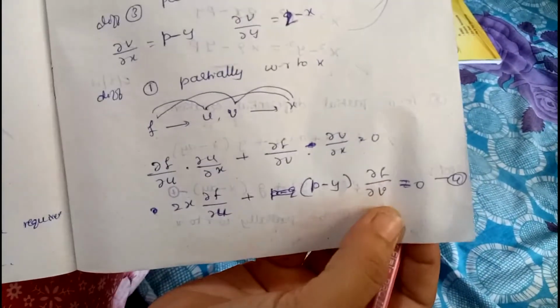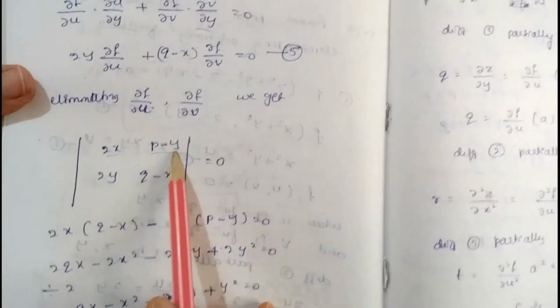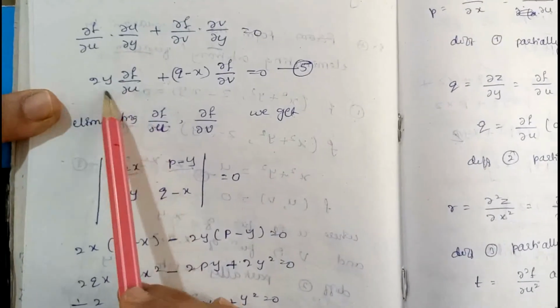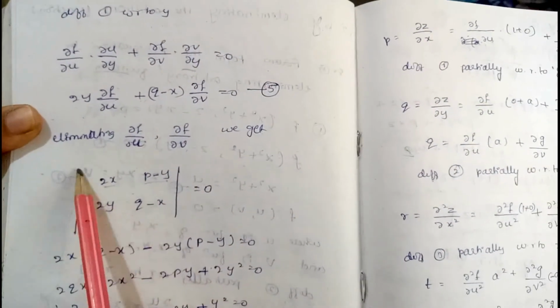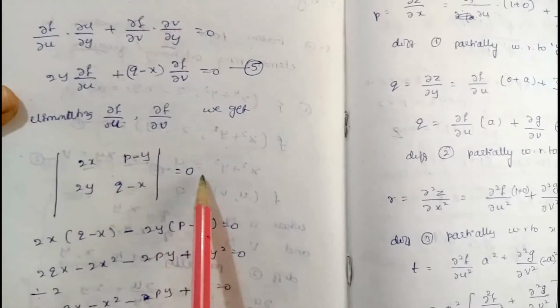Therefore first write down 2x in the first row. And what is the coefficient of ∂f/∂v? p minus y. Therefore write down the second element of the first row. Similarly, in equation 5, the coefficient is 2y, and the coefficient of ∂f/∂v is q minus x. The determinant of 2x, p minus y, 2y, q minus x equals 0.